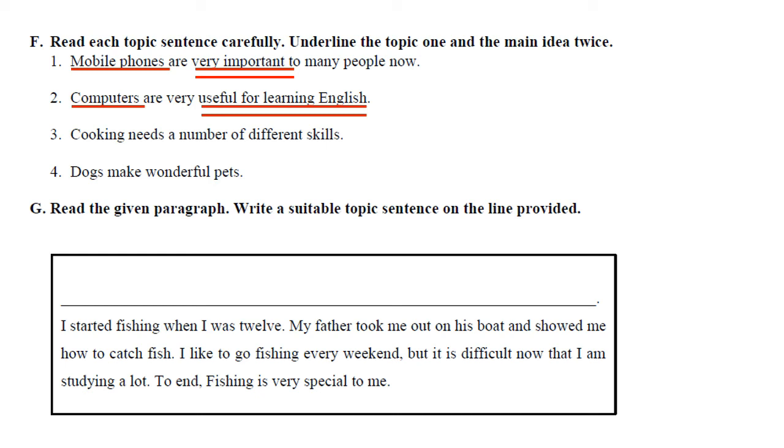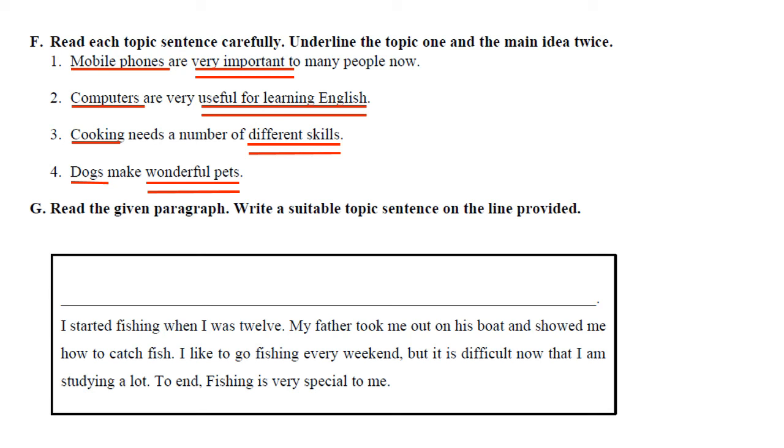So I'm going to talk mainly about cooking. What's wrong with it? It needs a number of different skills. So I'm going to talk about different skills that can be used in cooking, and then I'm going to write more details about this. Number 4: dogs make wonderful pets. So you guessed it, I'm talking about dogs, and specifically they are wonderful pets.